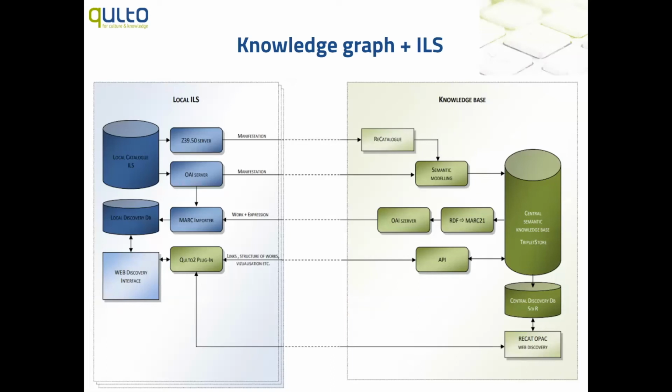And after the semantic modeling, the triplet database is stored and can serve multiple local web discovery interfaces. And now I would like to show you live how this semantic modeling works in the reCatalog tool.